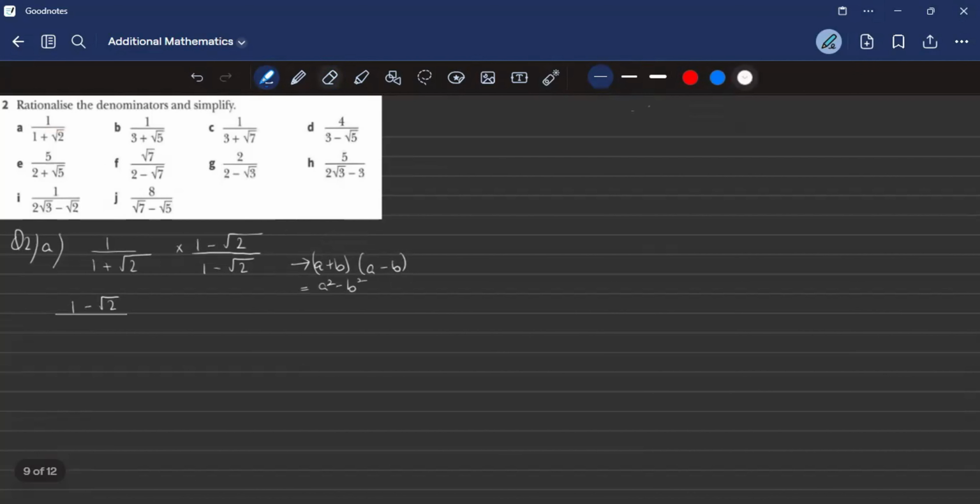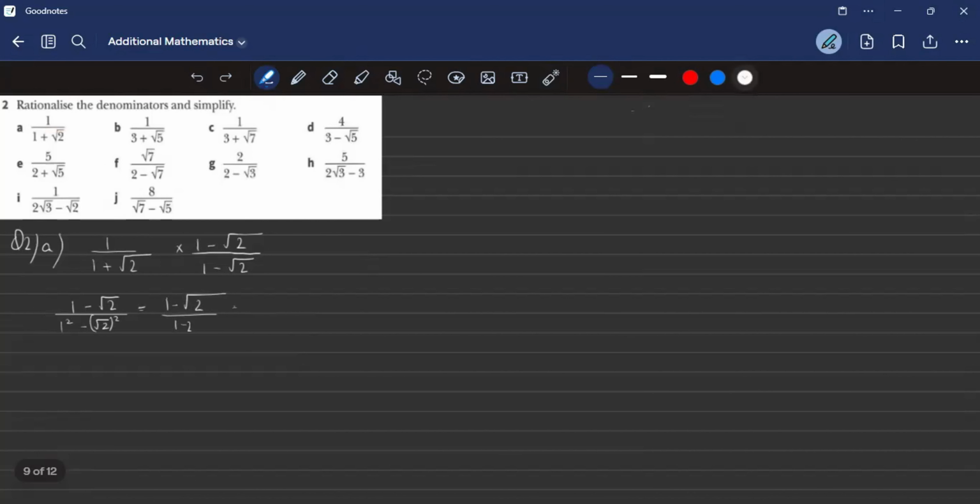So a squared is 1 squared minus b squared, which is under root 2 whole squared, equal to 2. Now let's simplify this: 1 minus under root 2 divided by 1 minus 2, which is negative 1.